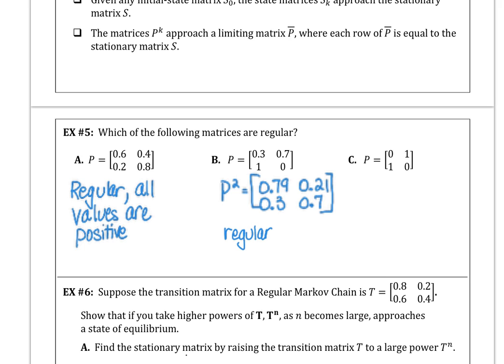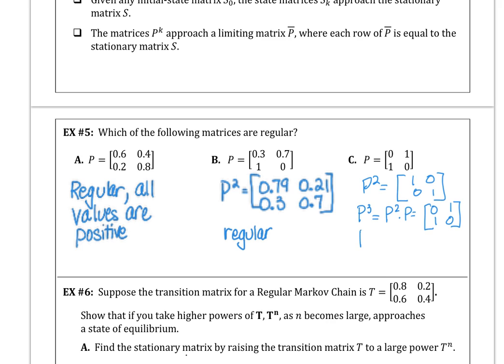And then finally in part C, if we square matrix P, we're still going to get zeros on the diagonal, but it's going to be the opposite way. If we find another power of P, say P cubed, that's P squared times P, it's just going to go back to being 0, 1, 1, 0.